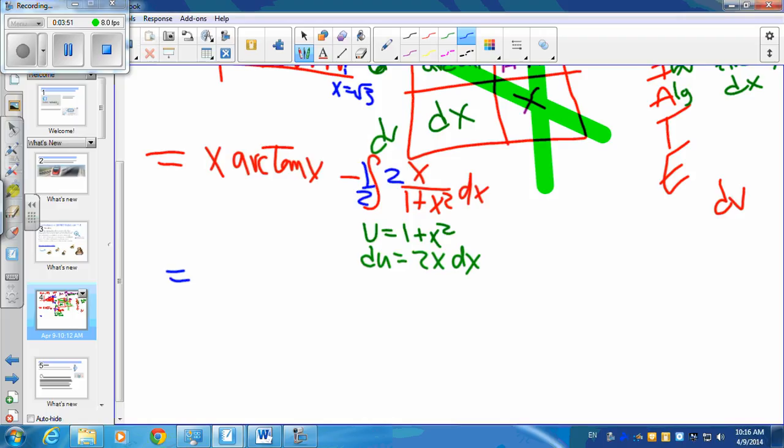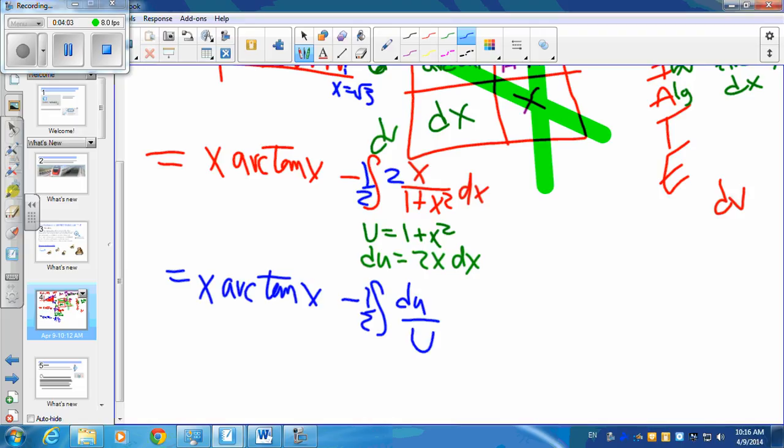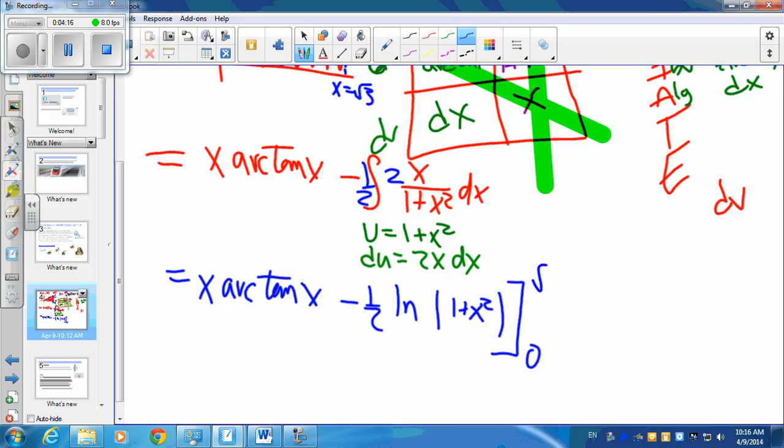So this will become x arctangent of x minus the antiderivative 1/2 du over u. What's that? Natural log of u. So I'm going to go minus 1/2 ln of u. And u is 1 plus x squared, going from 0 to the square root of 3.